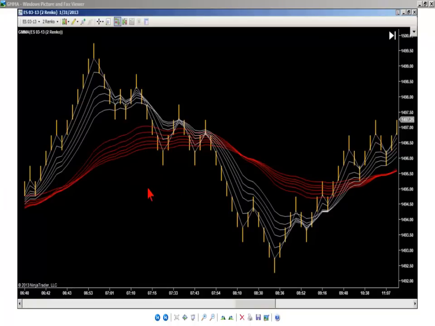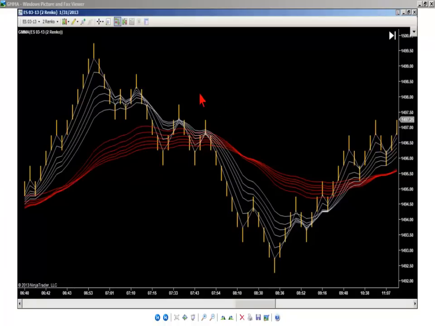And so I kind of like the idea of the multiple moving averages, but I didn't like the clutter that they put on the chart. And it's difficult to put other indicators on the equities when you've already got 12 moving averages on there.